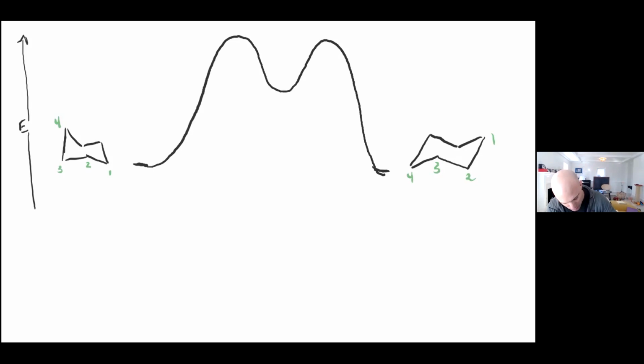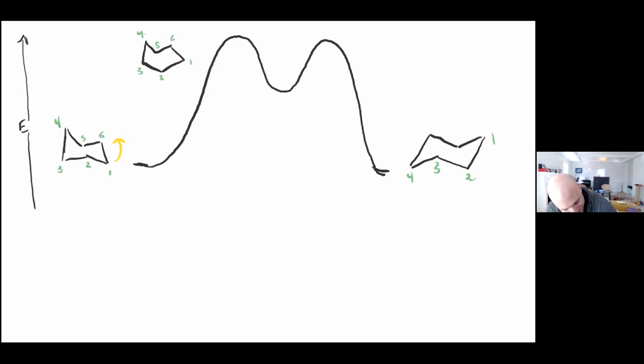And so here we're pulling C1 up. And so I get to this type of structure. Let me just put in the rest of the numbers.